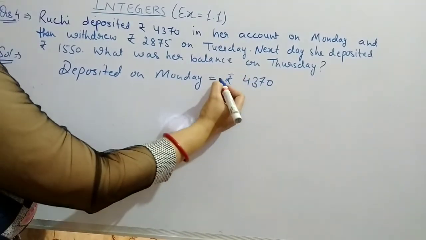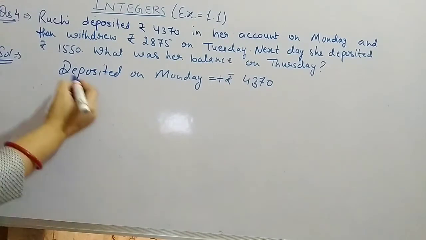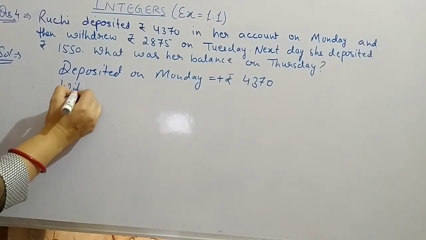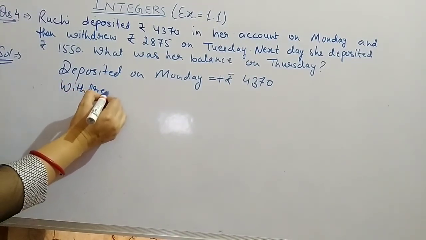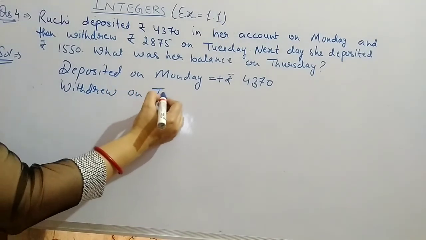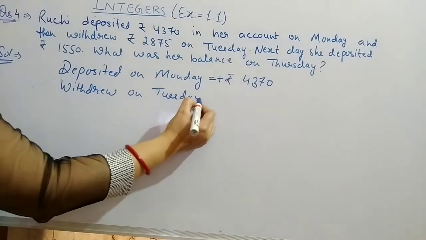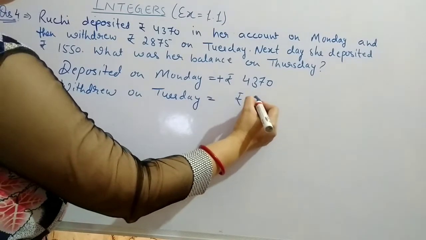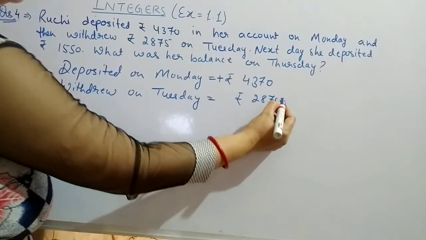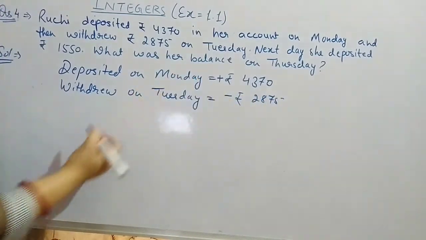Because she is depositing, we will put plus symbol. Then withdrew on Tuesday 2,875. Because it is withdrew, we will put minus symbol here.